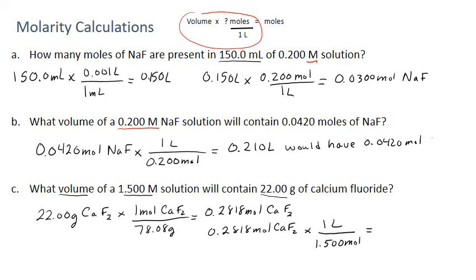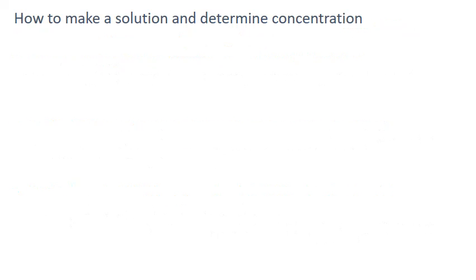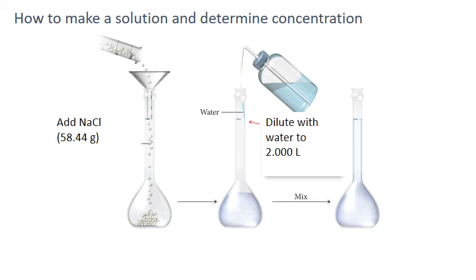That would work out to be 0.1878 liters of solution would have the 22 grams of calcium fluoride. We can use this information about molarity to learn how to make solutions and determine concentrations of those solutions.